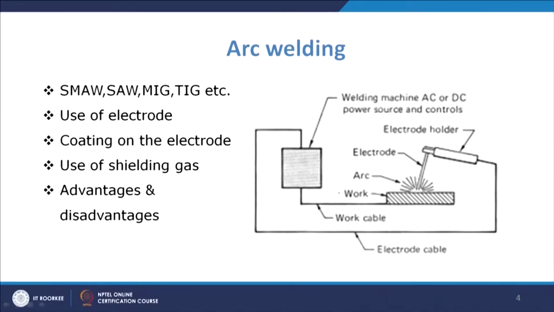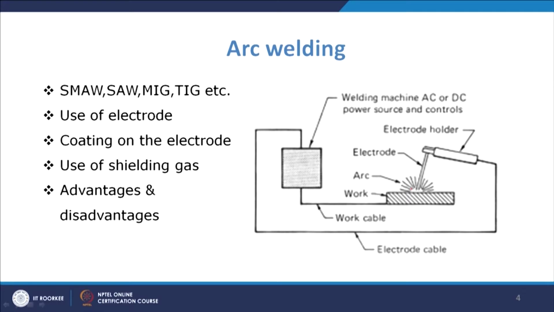If you look at the schematic of an arc welding process, you have a welding machine, which can be either an AC or DC power source, connected to the electrode holder, and when it touches, the circuit will be completed. However, if you touch and then try to maintain a small distance between them, electrons try to jump from one to the other if there is a potential difference maintained.